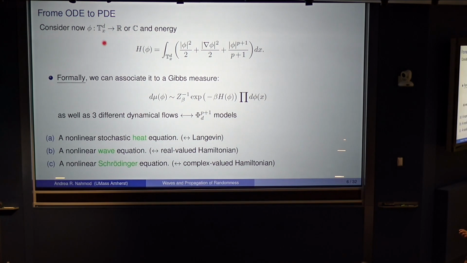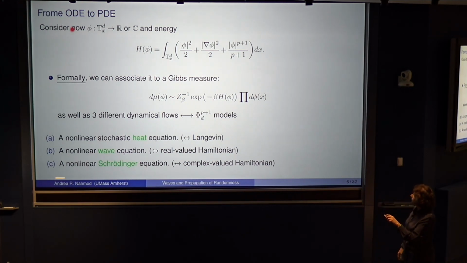So now we are going to be given a field or a function. My underlying space in this talk is always a periodic box in space. So I have a function that goes from the d-dimensional torus, and it could be either real or complex valued.